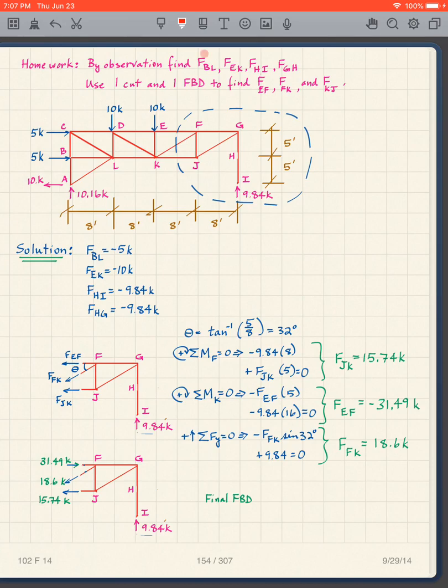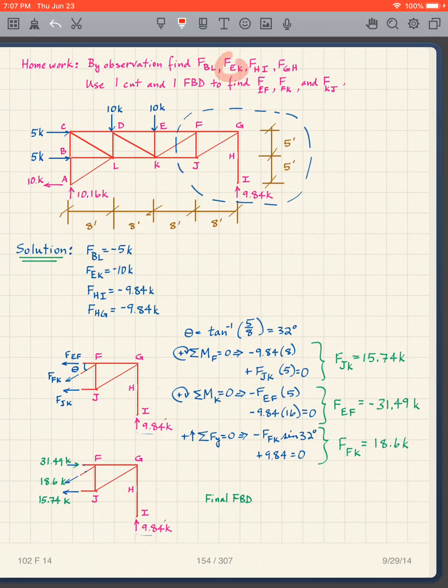Okay, so let's look at these one at a time. FBL. Well, FBL is right here. What do I see? Oh, this is easy because these 2 are only in the y direction. That's in the x direction. So this member right here must be in compression 5 kips to resist that force.